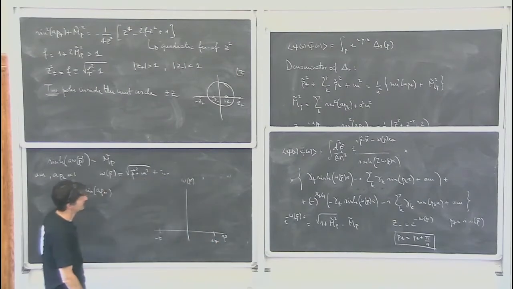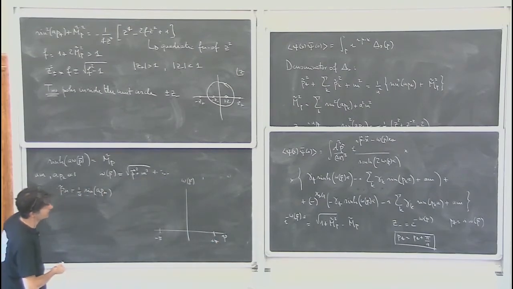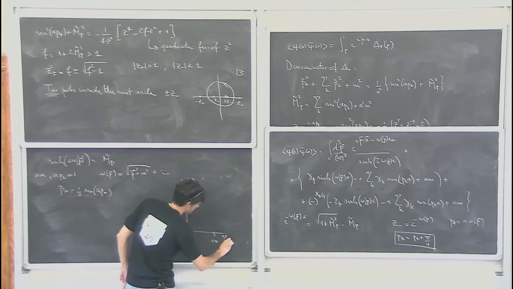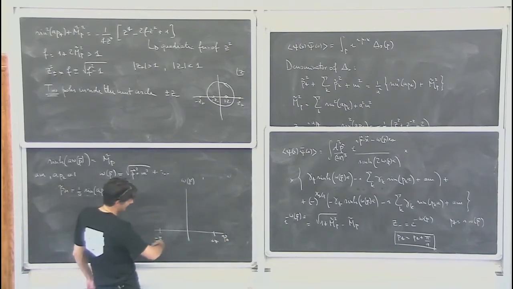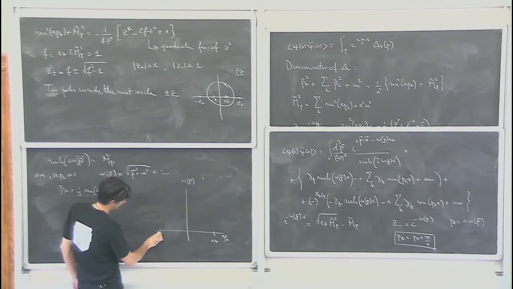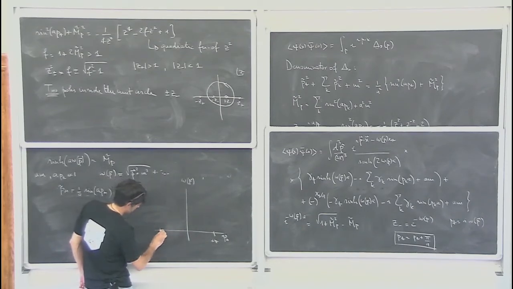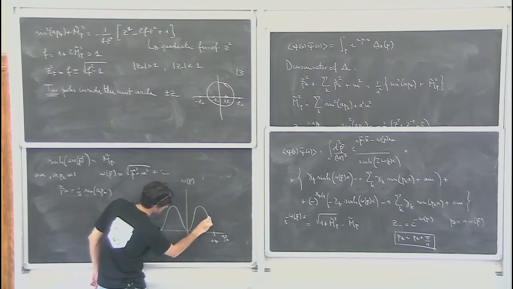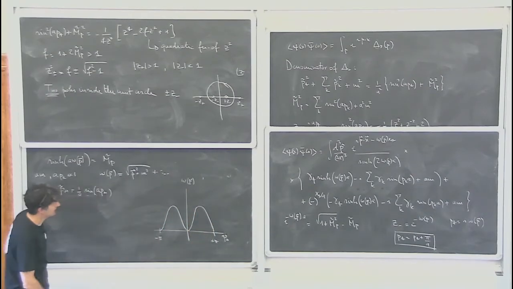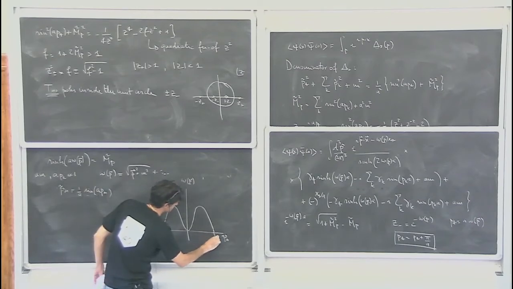Let's set the spatial momentum to be just in one direction, okay? So that I can plot it simply like that. Omega looks like that, like this. Okay.